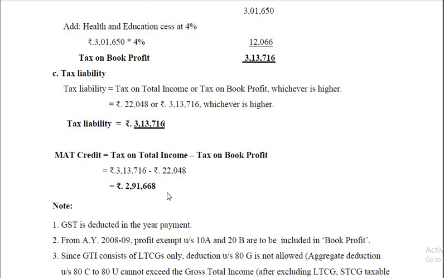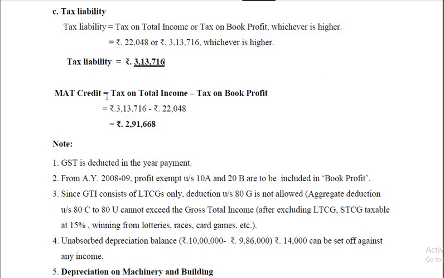When tax on book profit is more than tax on total income, there arises a concept called MAT credit. And MAT credit is equal to, actually it is the reverse, tax on book profit minus tax on total income. So tax on book profit is 3,13,716 minus tax on total income 22,048. As a result, MAT credit is 2,91,668.